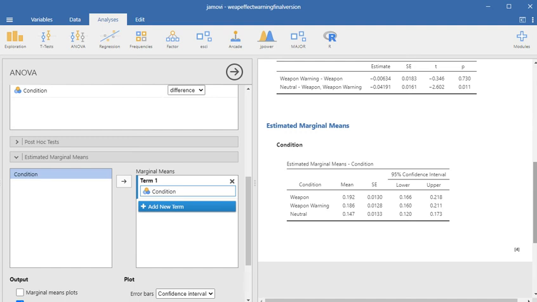Okay, about 19% of the words completed in the weapon condition were aggressive. And the weapon warning condition, or weapon prohibited condition, that becomes a little over 18.5%. So there's a little bit of a drop off, but not a whole bunch.